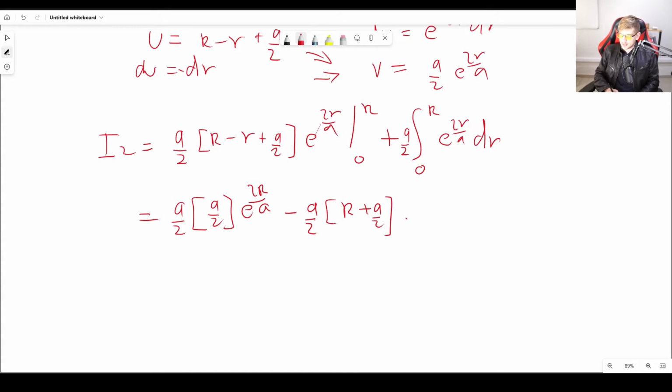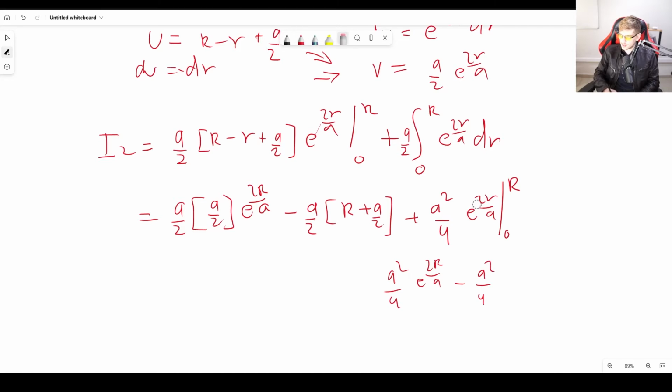Now this integral will be a squared over 4 e to the 2r over a between 0 and big R. And now let's evaluate it. So we get a squared over 4 e to the 2 big R over a minus a squared over 4. So let's put it in.